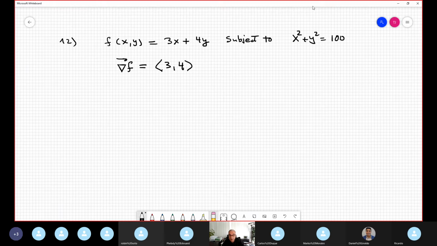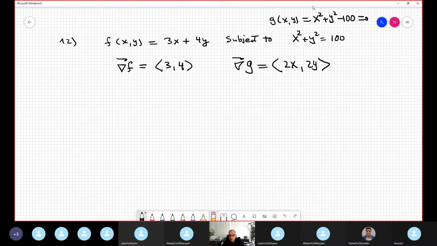However, let me write in the Lagrange format g equals x squared plus y squared minus 100 equals 0. And you compute the gradient of g. The gradient of g is 2x, 2y.